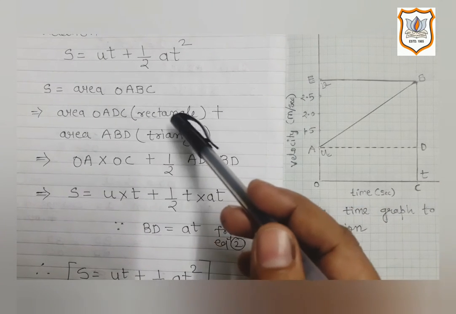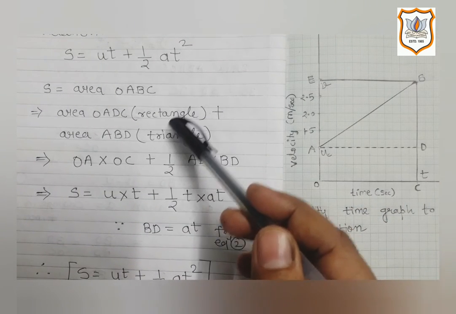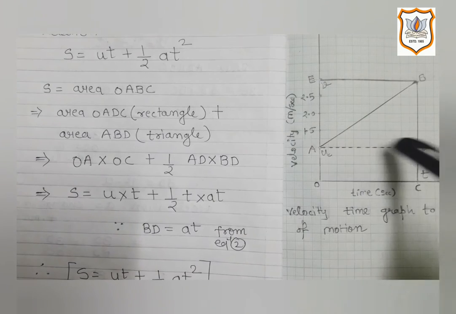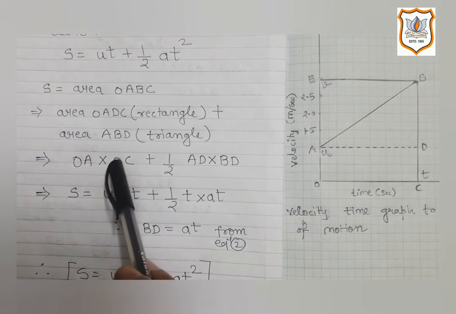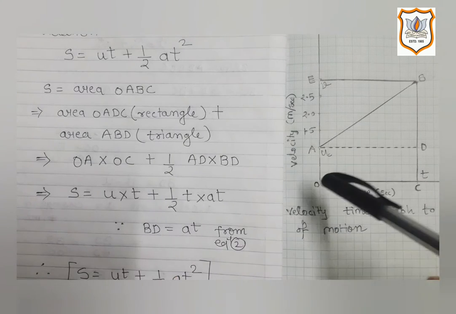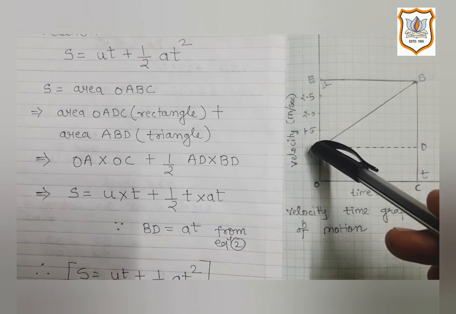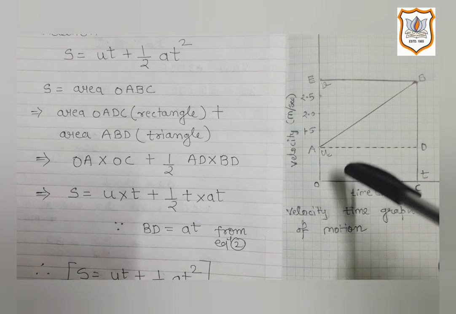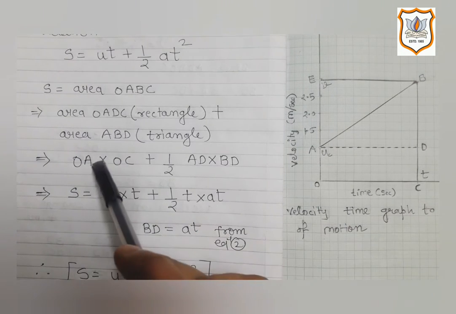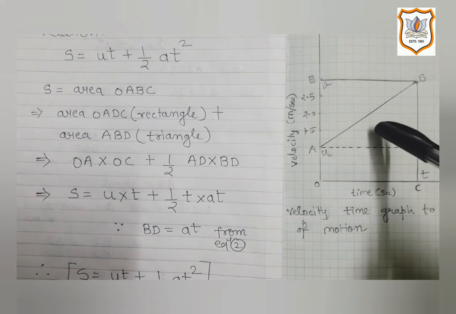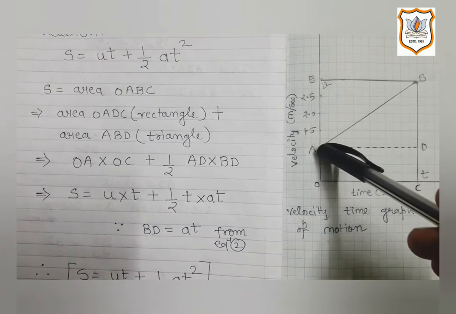We know that the area of rectangle will be length into breadth. So here OADC will be equal to OA into OC. OA is we can say length, and OC will be the breadth. So length into breadth, and area of triangle, that is ADB.